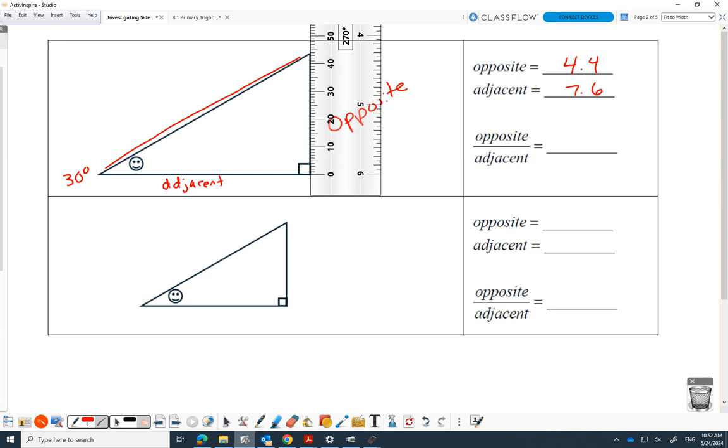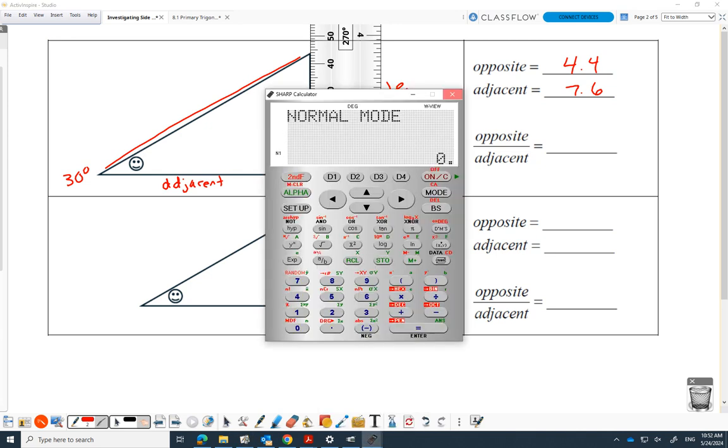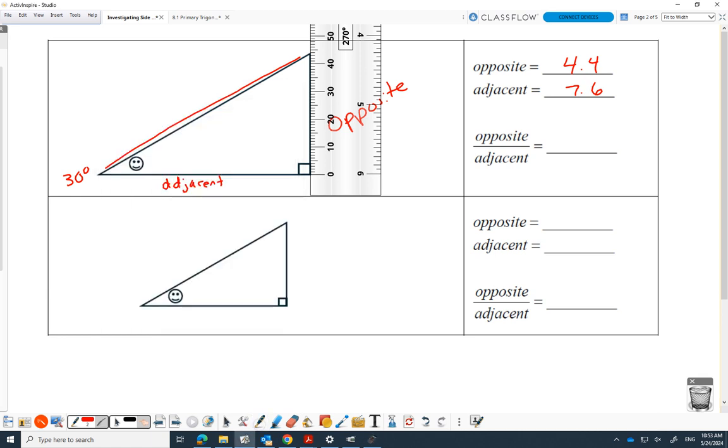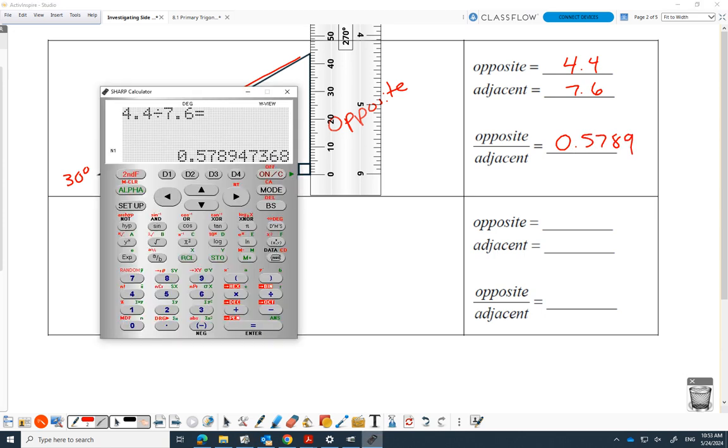Oh, there's my calculator. There we go. And all I'm going to do, oh, I got two of them. It said do it to 4 decimal places, so I did 0.5789.